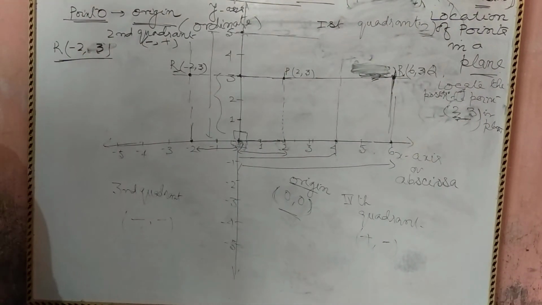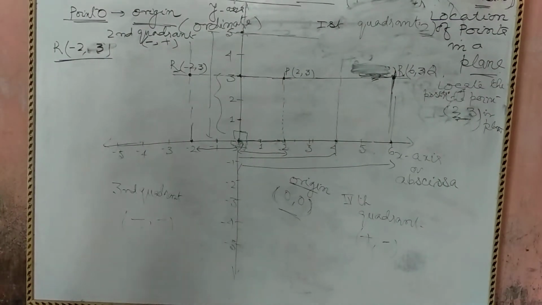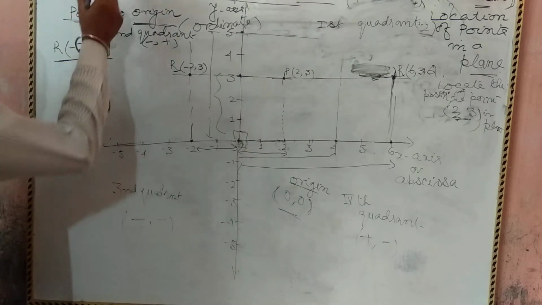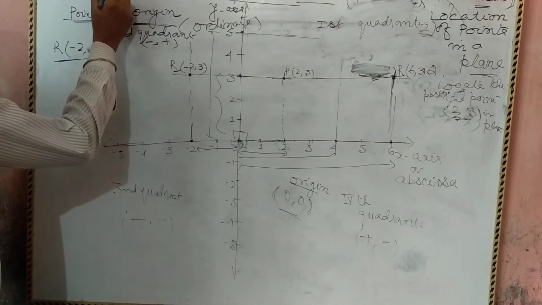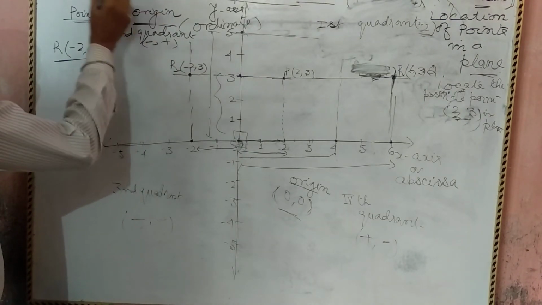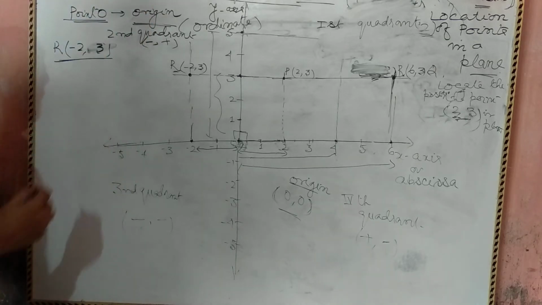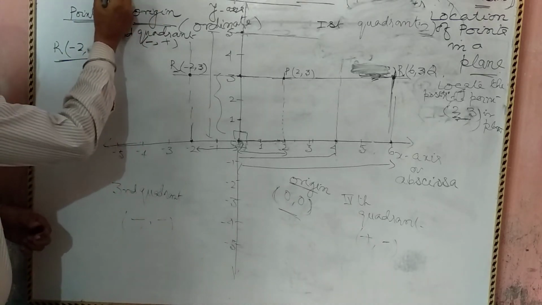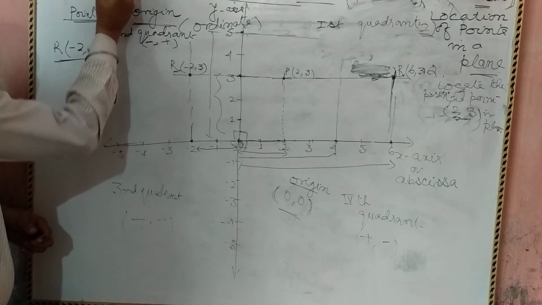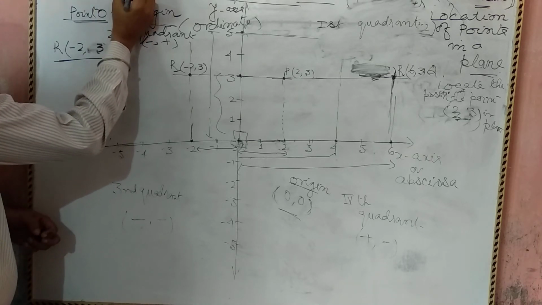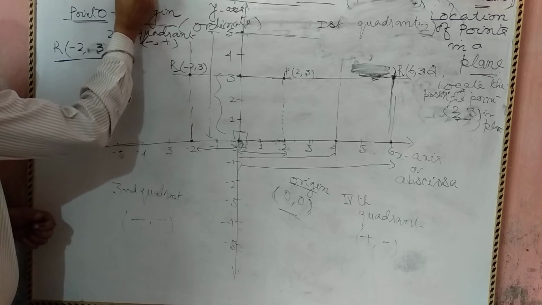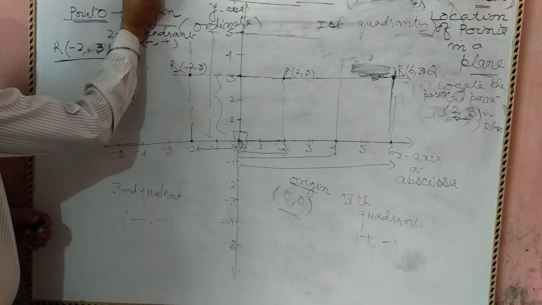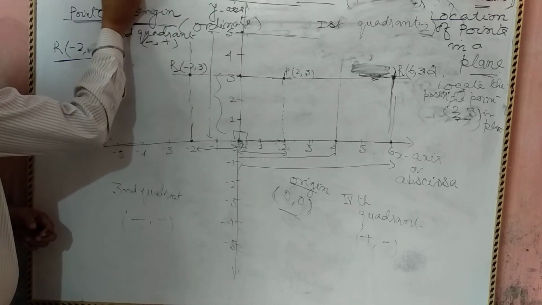Means there are ordered pairs in which there are 2 points in a doublet and it is written within brackets, like this (2, 3) within a small bracket. It is defined that the first coordinate of the ordered pair will always lie on the x-axis and the second coordinate of the ordered pair always lies on the y-axis.